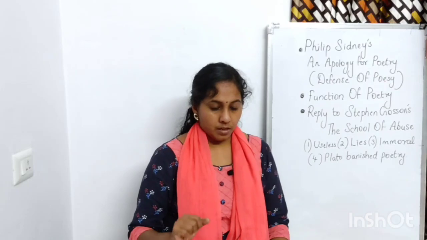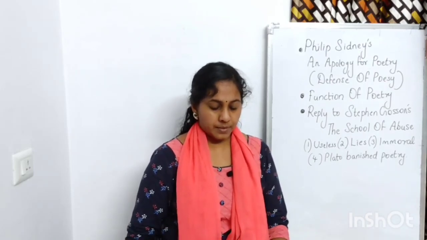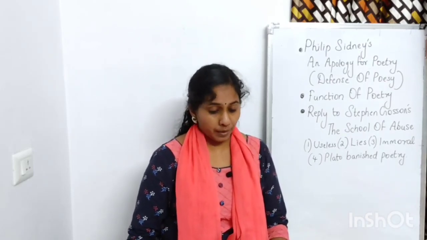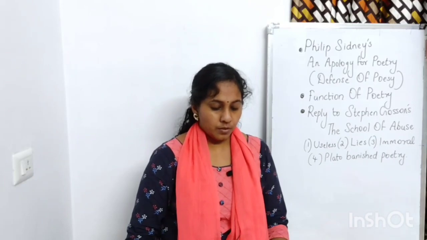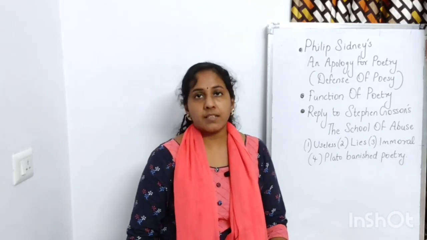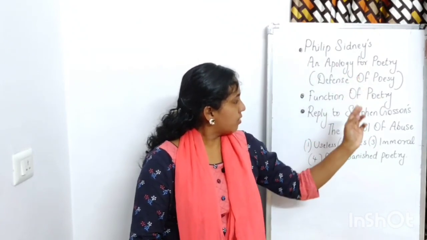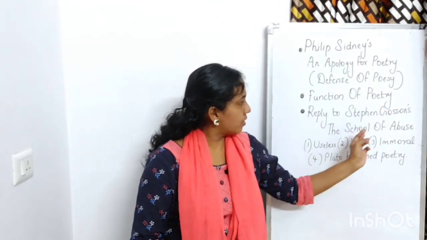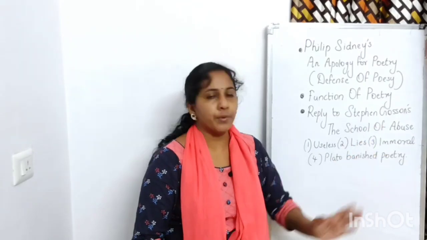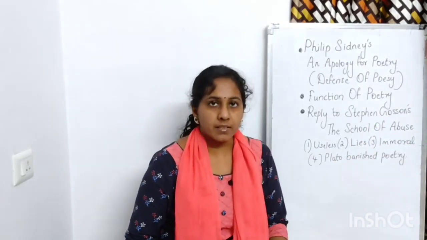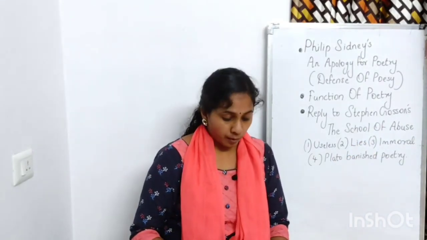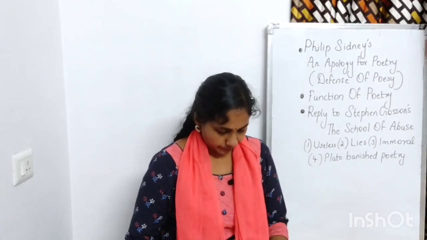This work, that is Philip Sidney's An Apology for Poetry, was a reply to Stephen Gosson's treatise, The School of Abuse. A treatise, as I told you before, is a formal written work.